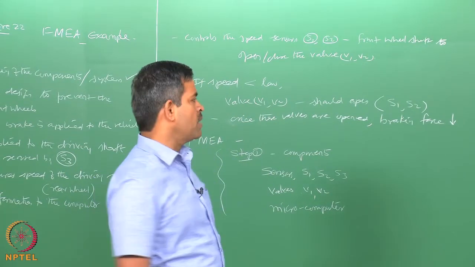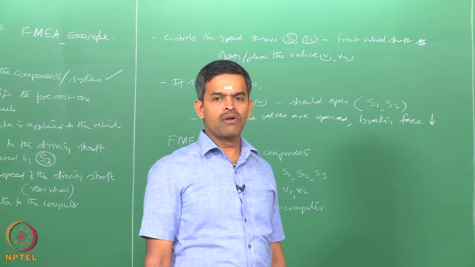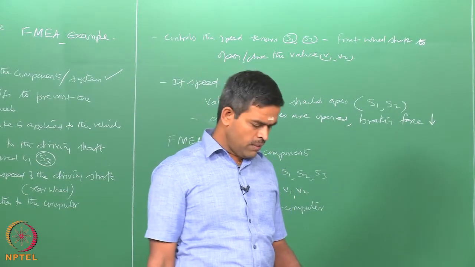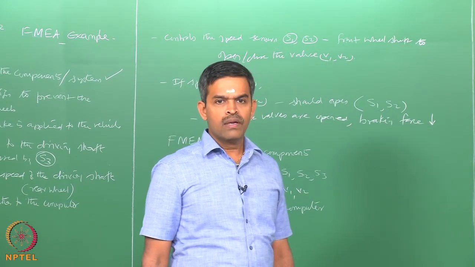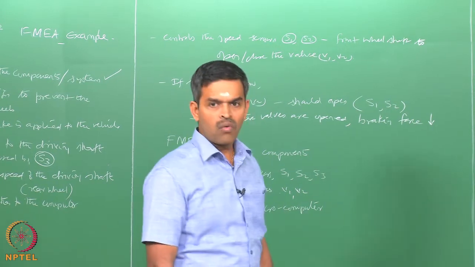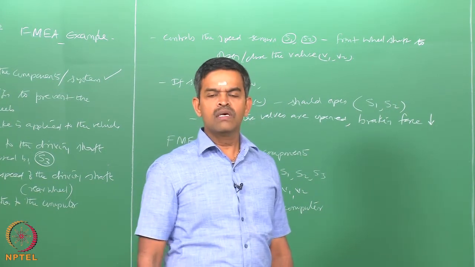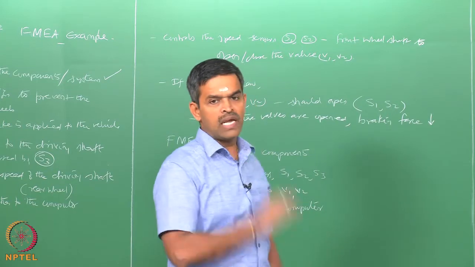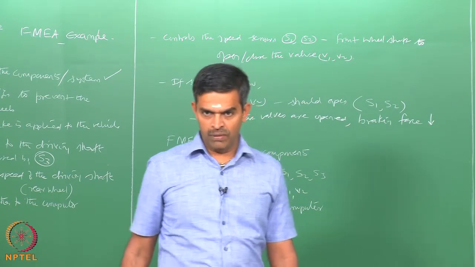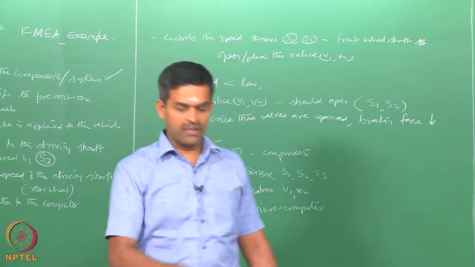So, we have to draw an FMEA worksheet which should include my risk priority numbers. We will talk about this slightly later. Let us try to write down the FMEA worksheet in a qualitative mode without giving any risk priority numbers and identifying the sequence of failure. We will first talk about the qualitative analysis part.